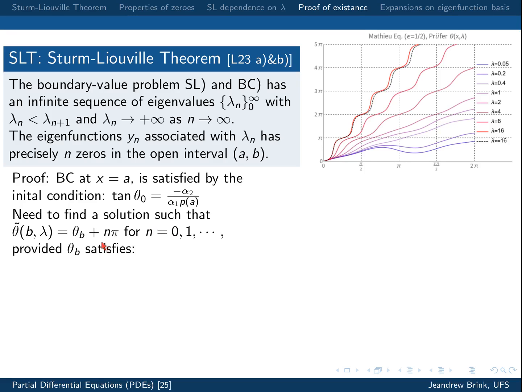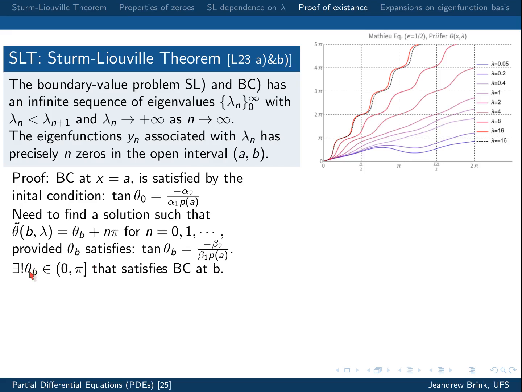Okay, so theta b satisfies this condition, which is basically just saying that tan theta b ensures that the relations between y and y prime at, and this should be p(b), sorry, there's a mistake, are satisfied.